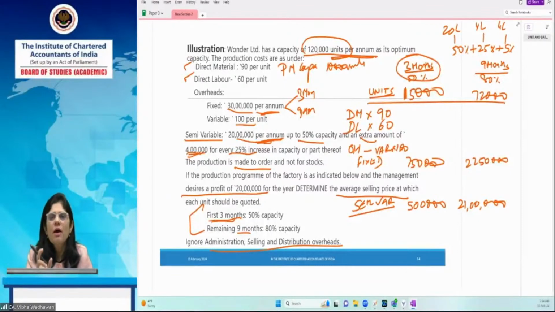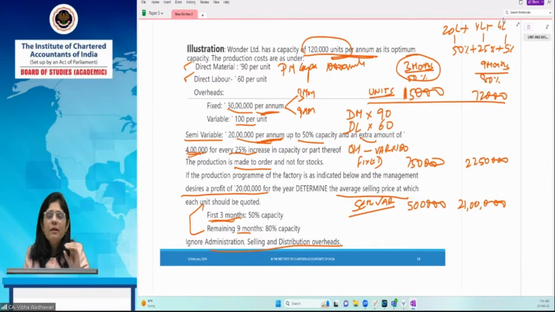See, total amount applicable you have to see. Till 50%, the applicable amount is 20 lakh. Beyond extra 25%, the applicable amount adds by 4 lakh. So it's 20 plus 4. Beyond 25, extra 5% also the amount will be added 4 lakh more. So 20 plus 4 plus 4.